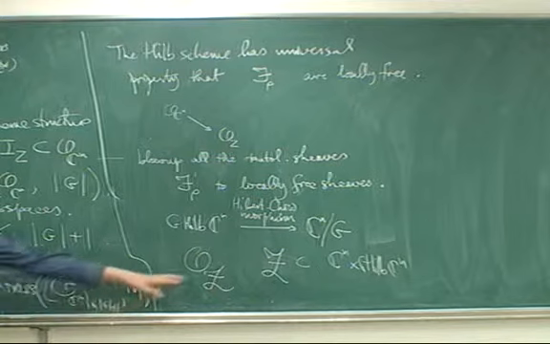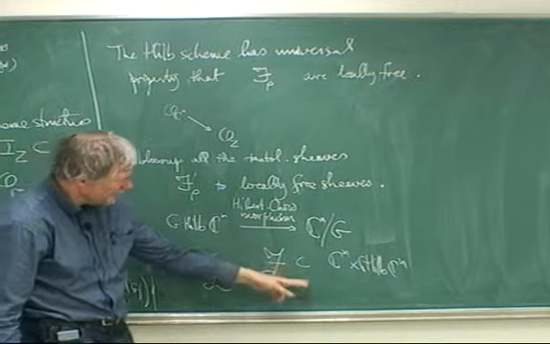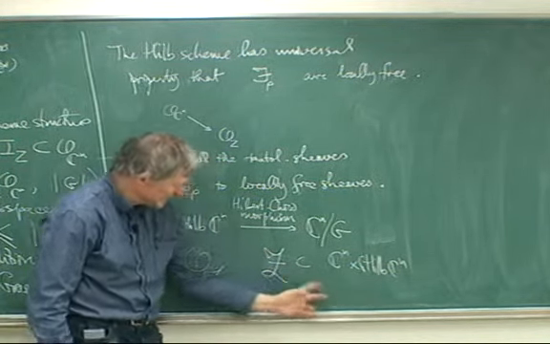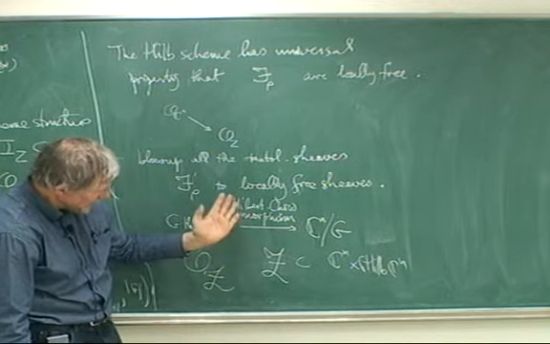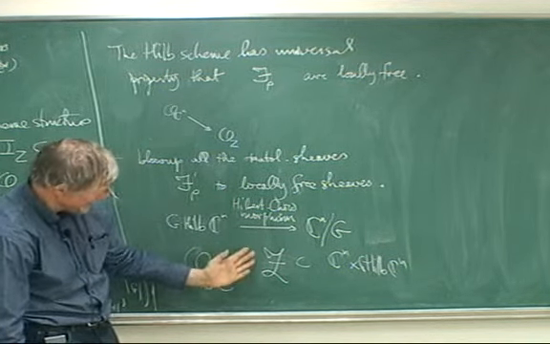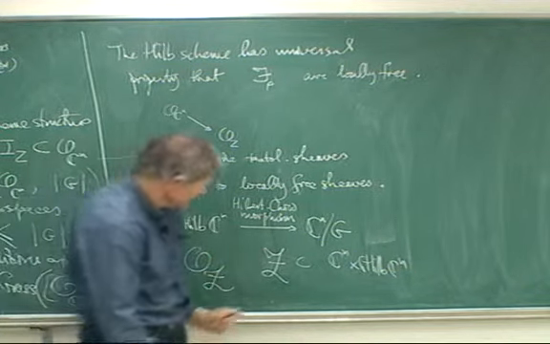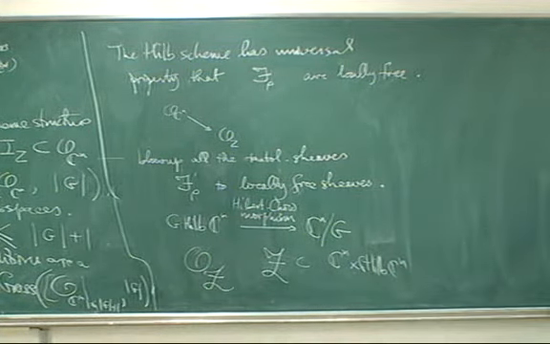Right. And by construction, over every point of Cn, this fibre Z has the same rank, however many components of the irreducible.